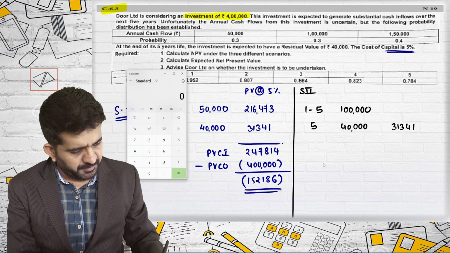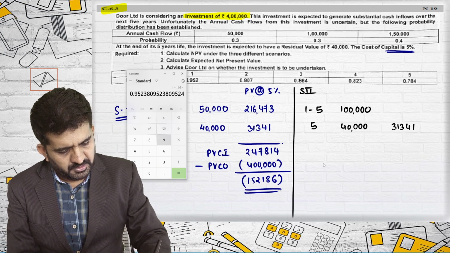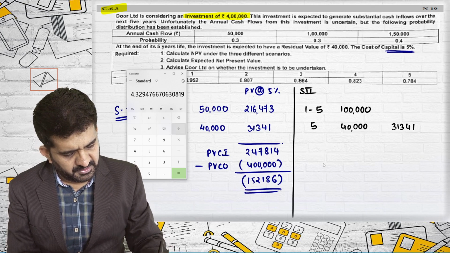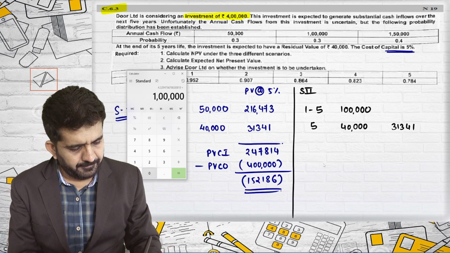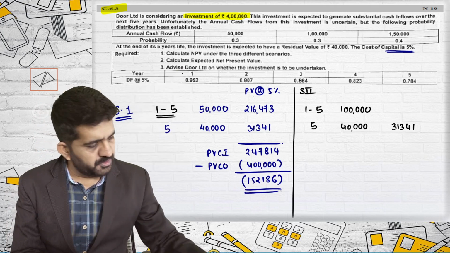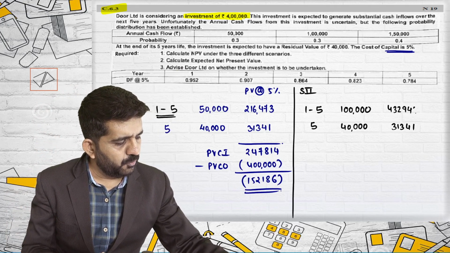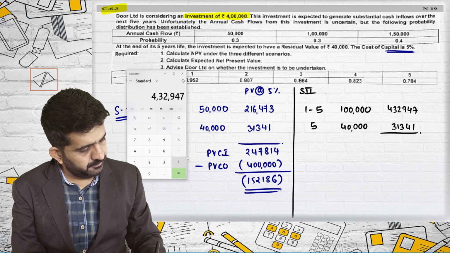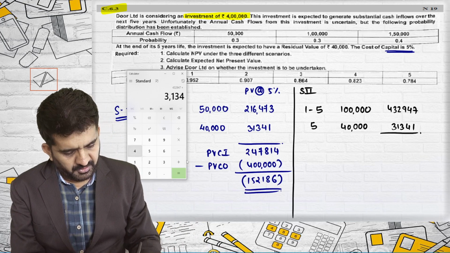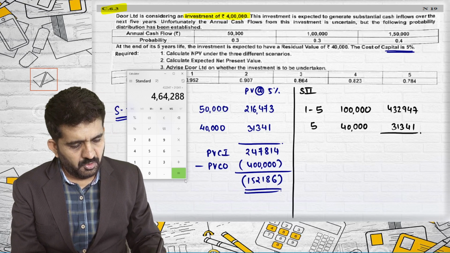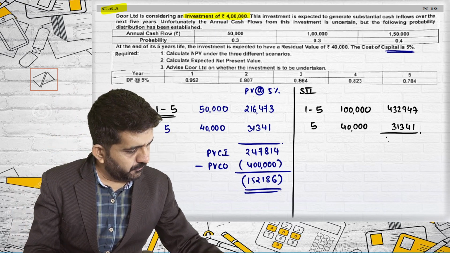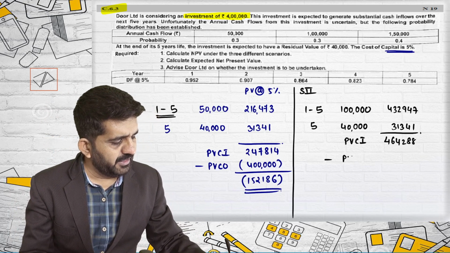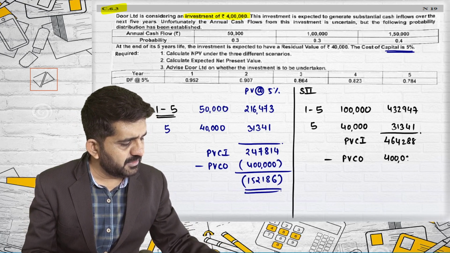Present value of this 1 lakh rupees: 1 divided by 1.05 is equal to M plus, 1, 2, 3, 4, 5, MRC multiplied by 1 lakh, 432,947. 432,947 plus 31,341 is 464,288. 464,288 is present value of cash inflow minus present value of cash outflow, which will be 4 lakhs.